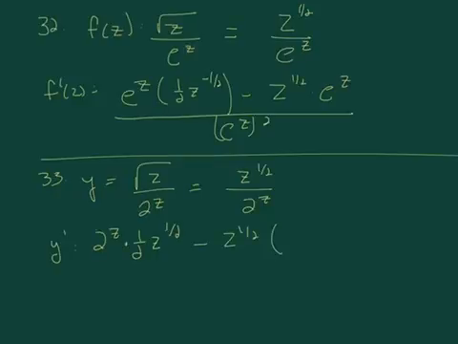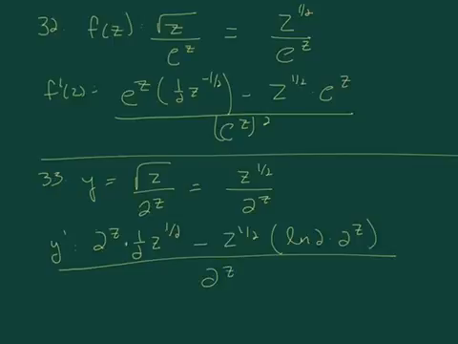And remember, the derivative of the bottom now is going to be the natural log of 2 times 2 to the z, all over the square of what's below, which would be 2 to the z quantity squared. Except I shouldn't have put that underneath the y prime. Okay, so that's number 33.